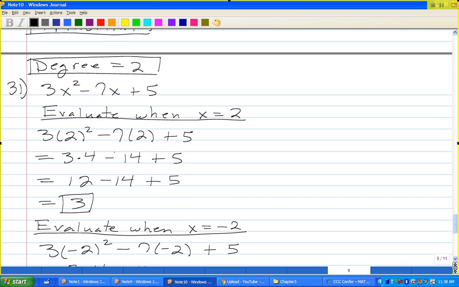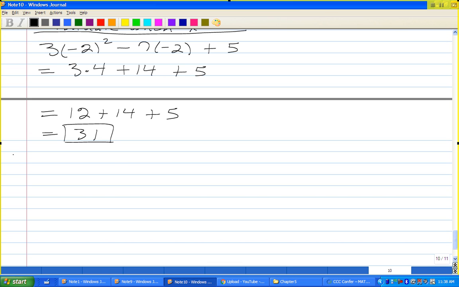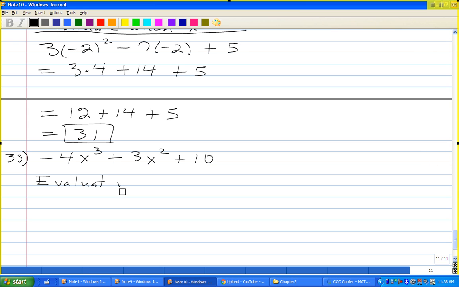Let me do problem number 33. Negative 4x cubed plus 3x squared plus 10. So let's evaluate this when x equals 2.